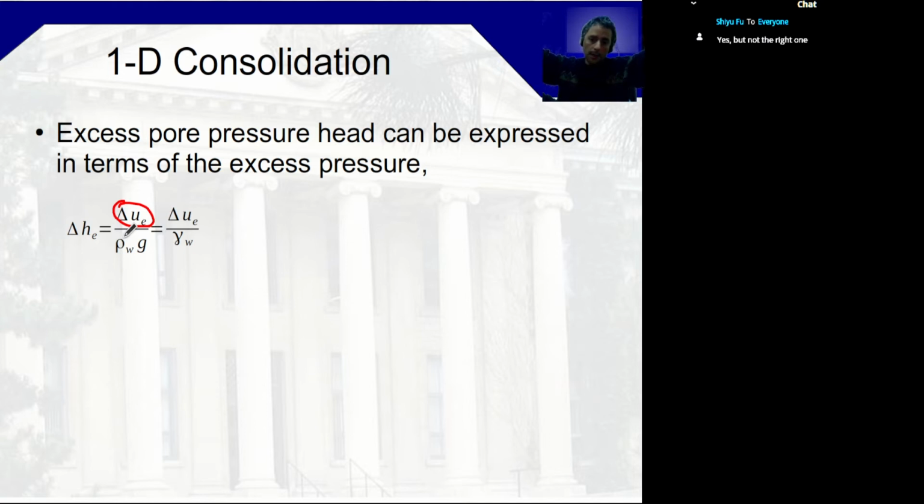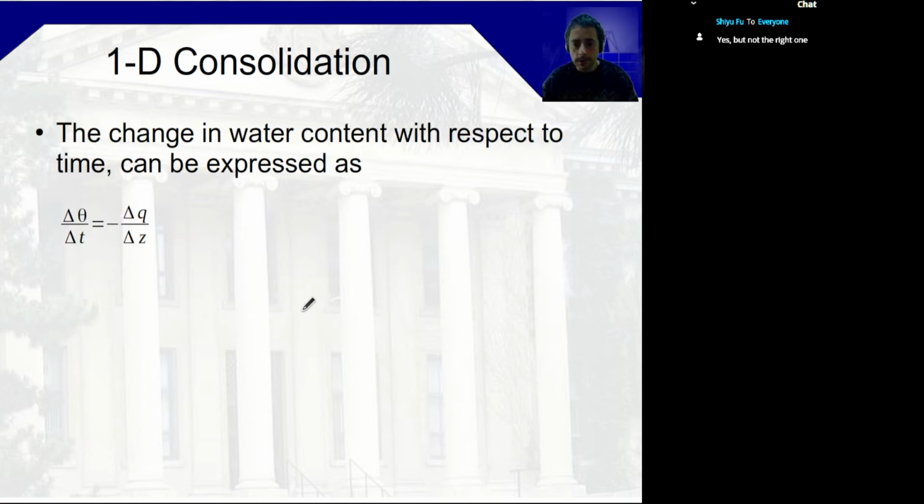So in hydrostatic condition, the only difference in pore pressure is the pore pressure itself, since the elevation is part of the hydrostatic condition. Okay, so the hydraulic head difference here is equal to the pore pressure divided by the unit weight of water, or the liquid in which I am calculating it. Usually it's water for our cases.